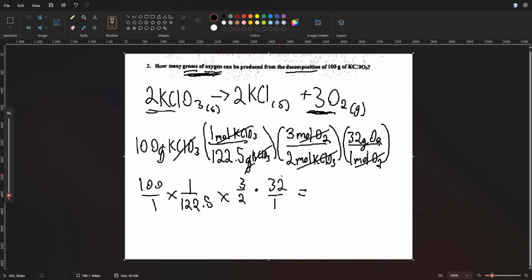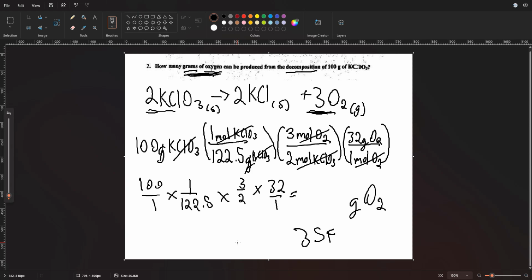And this is going to give us our answer in grams of oxygen. And let's look at what we're dealing with. So we are going to assume 3 sig figs because this is 100 grams exactly. So our answer is going to be rounded to 3 significant figures.